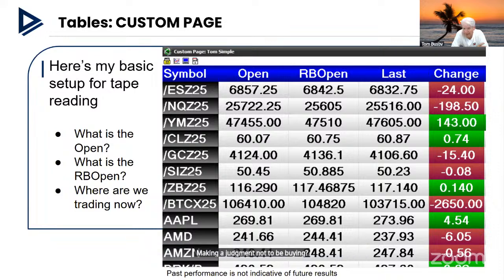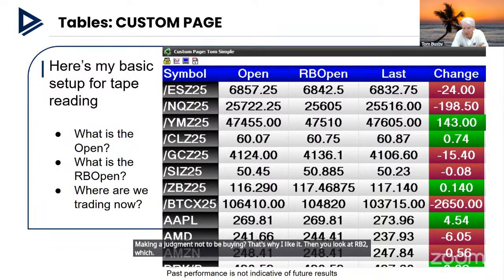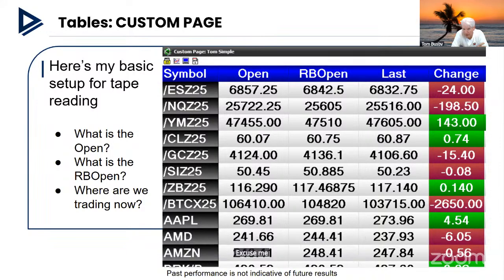That's why I like it. Then you look at RB3, which opened at 68.42. We've been below that all the way down to a low of 30. And then it gives the basic change. Then you work your way across the board on the custom page.